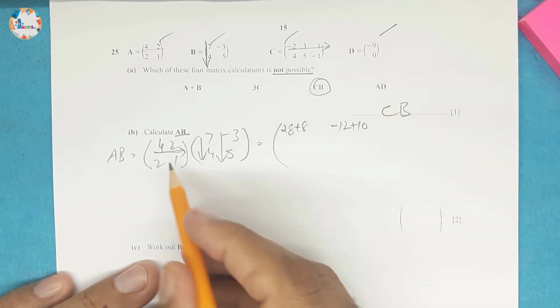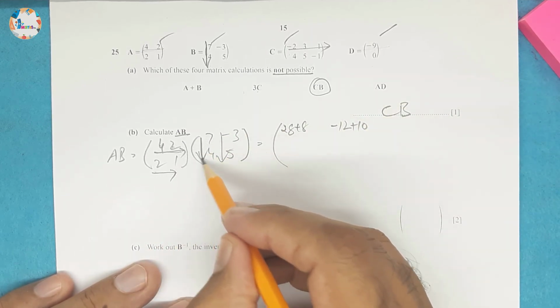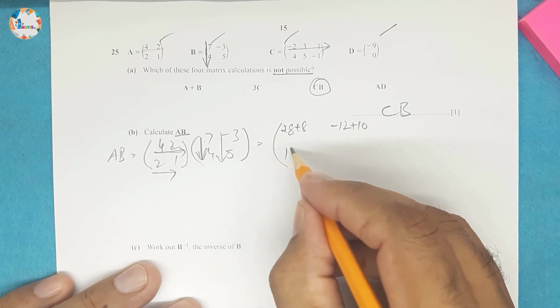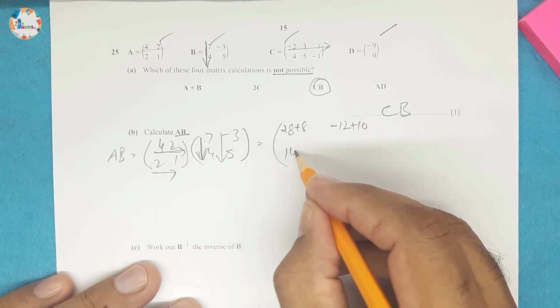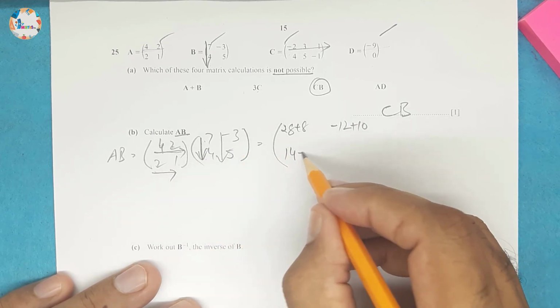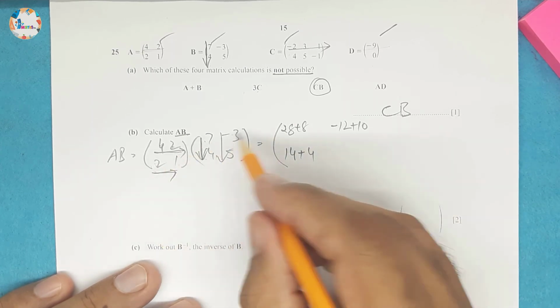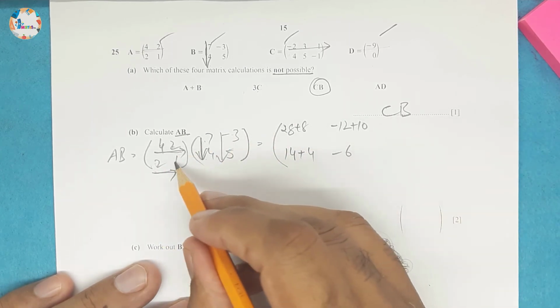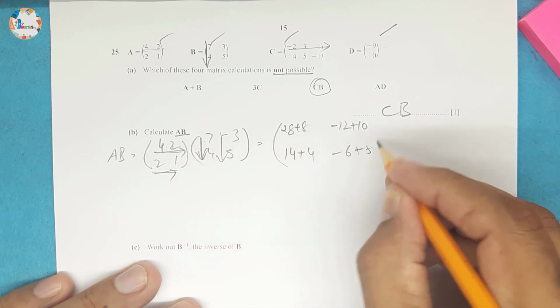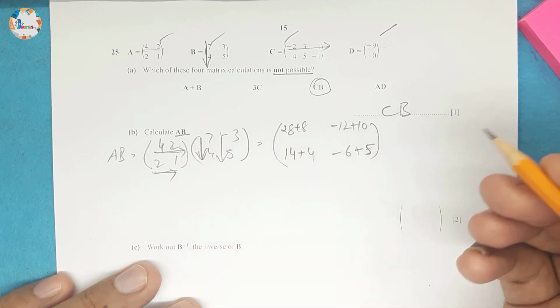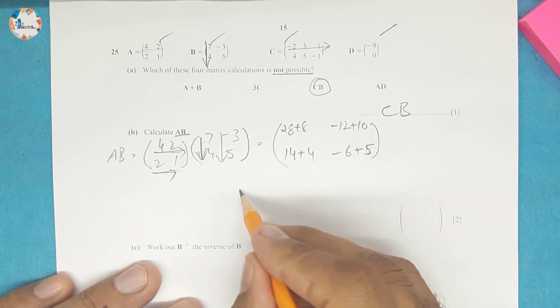Next, second row, first column: 2 into 7 will be 14, and 1 into 4 plus 4. Second row, second column: 2 into minus 3 will be minus 6, plus 1 into 5 will be 5. So this will be the matrix which we needed to find.